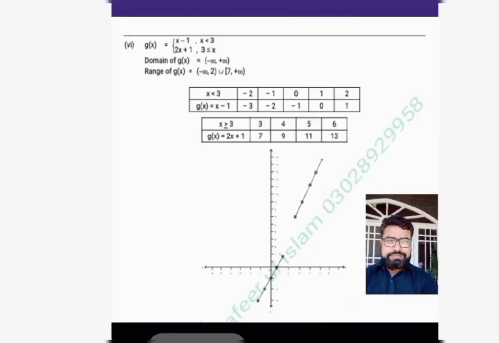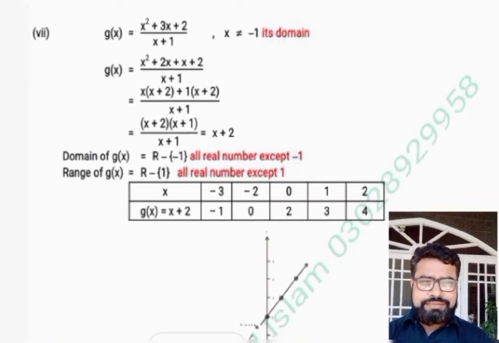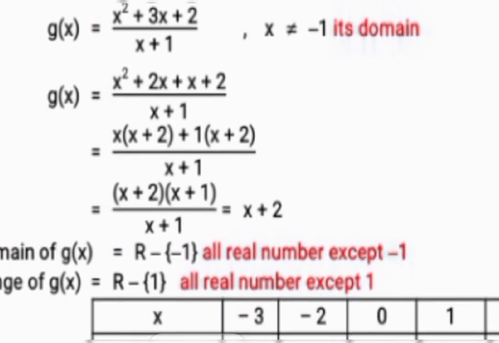Now we will start the next function. This is the rational function, and here the domain is given, so we have to follow this. If we can simplify this rational function, we have to simplify it first.